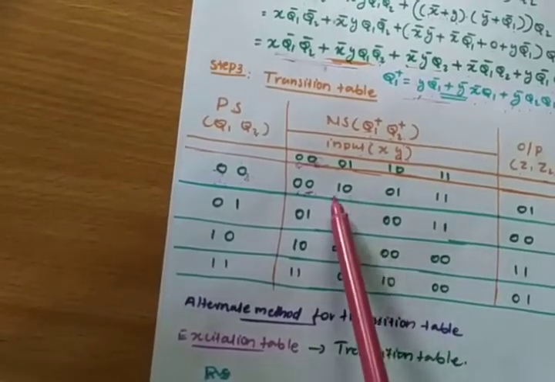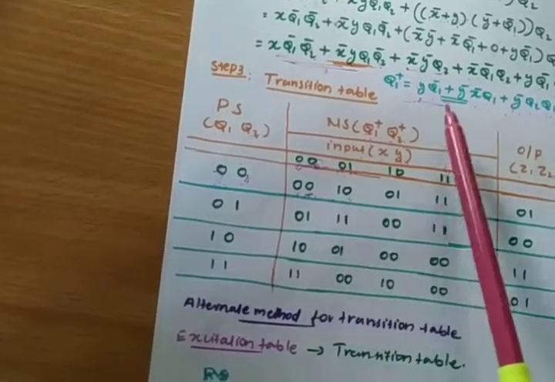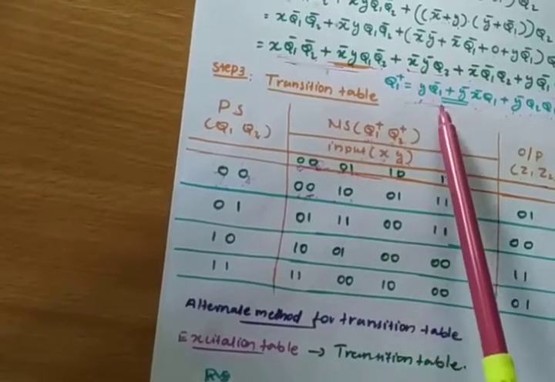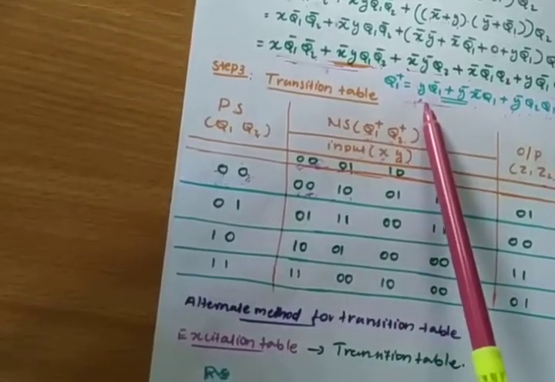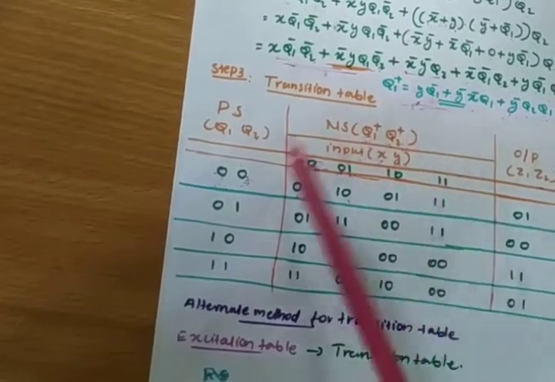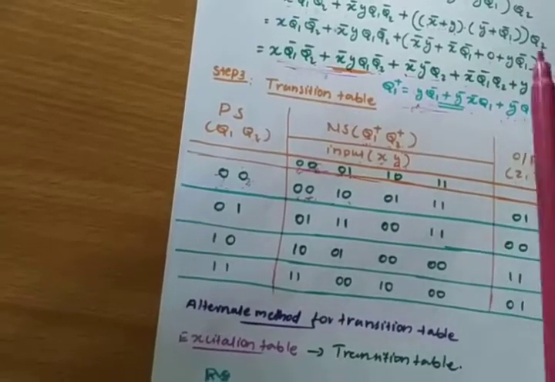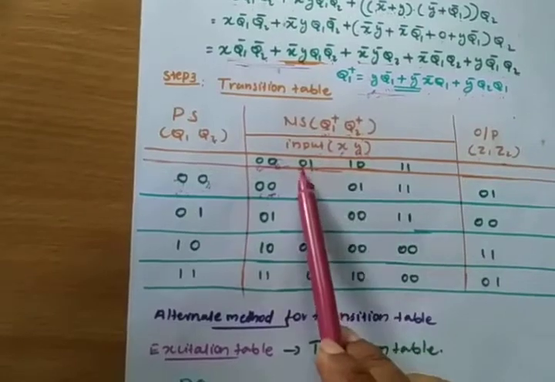Now you have to find out, if input is 0 1, what is the output? Sorry, what is the next state? If input is 0 1, now you have to put x equal to 0 in the first, you have to find out q1 plus. So you have to put x equal to 0 and y equal to 1. Here y equal to 1, so it is 1, q̄1 is 1, so 1 plus something. Here 0 1, x is 0, y is 1.